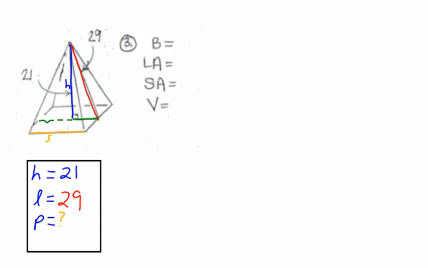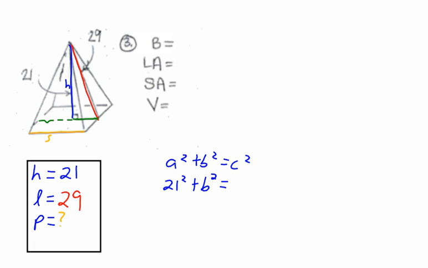I'm going to start off with my Pythagorean theorem, a squared plus b squared is equal to c squared. Fill in the given pieces. My a is 21 squared. B is the side that I'm missing, the side I'm looking for.